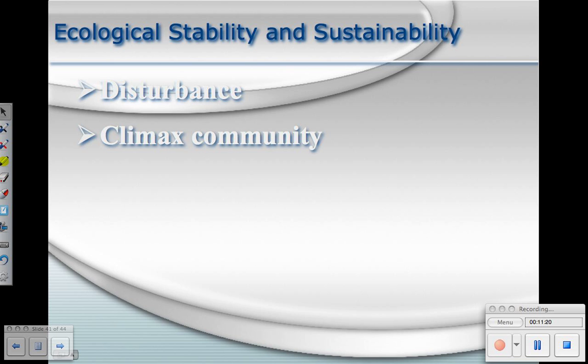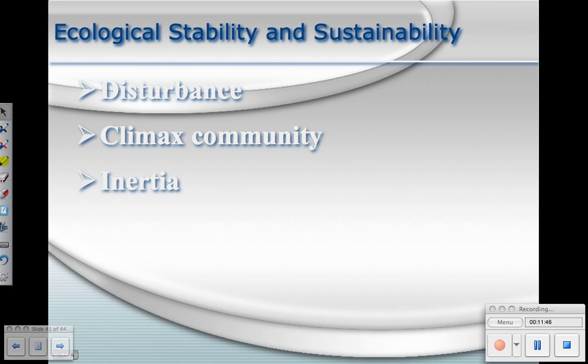Some of the things that affect the stability or sustainability of a forest would be disturbances, whether human-made disturbances or forest fires or lightning strikes or natural disasters. What makes ecosystems dynamic is disturbances opening up new niches, pushing certain species out.